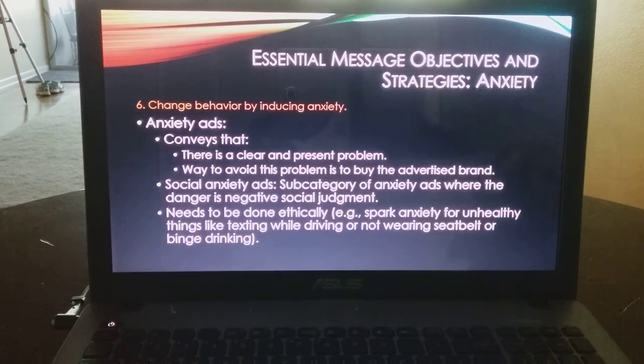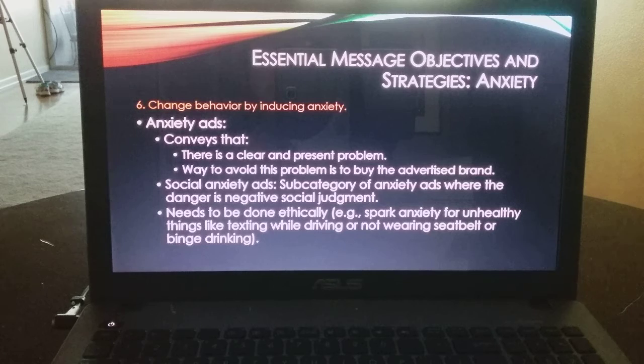Okay, next up, anxiety ads. This is the idea of goodness in terms of social life and love and esteem, when we talk about Maslow's need hierarchy. If you want to avoid social anxiety, your love life will be solved by buying this specific product, or your financial security will be restored if you buy this product.